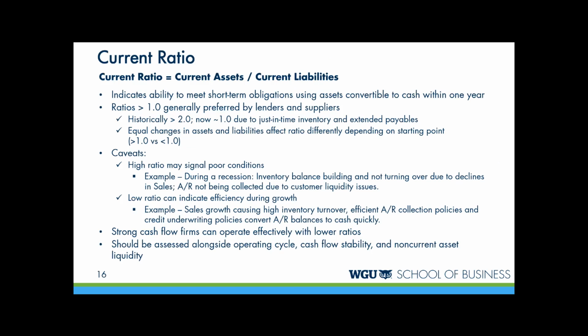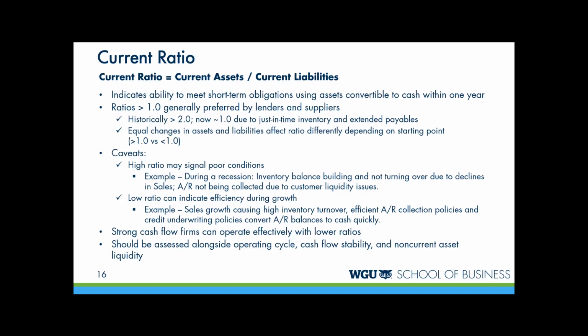Now, here are some caveats we also have to consider. Even though the current ratio may have a high value, it may not necessarily be a good thing. High values of this ratio may signal that there is some kind of poor economic condition happening. And here's a specific example. During a recession, inventory balances are going to build because companies are not selling their products due to declines in sales.